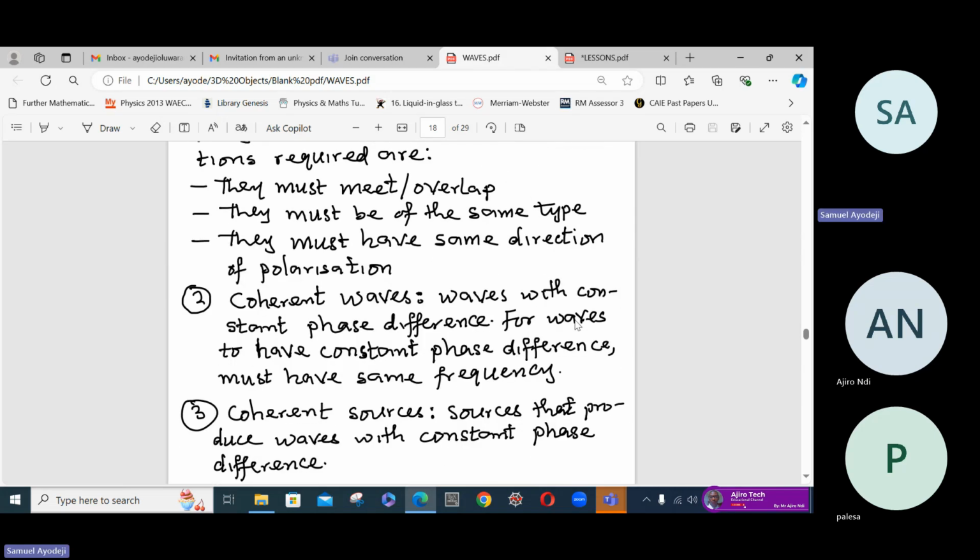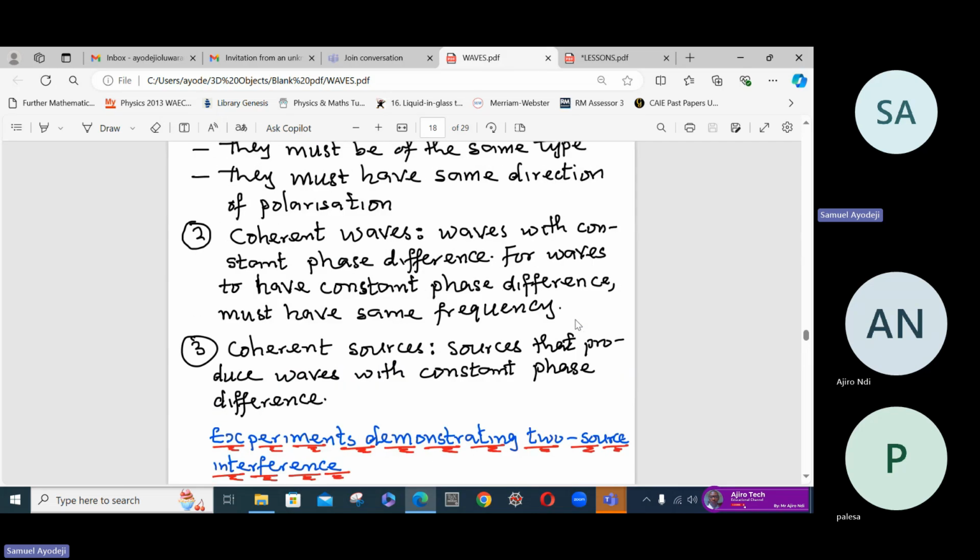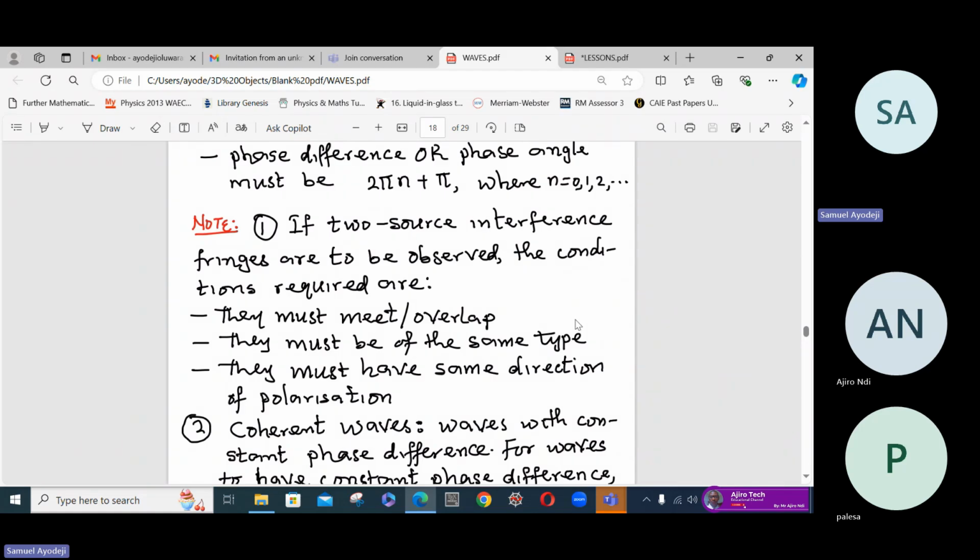Now, I have some points to be noted here, a lot of them. That's how I used to form my notes. So you have to know this point. If two source interference fringes are to be observed, what will happen? Number one, you have to sit down and read these notes. They must meet or overlap.